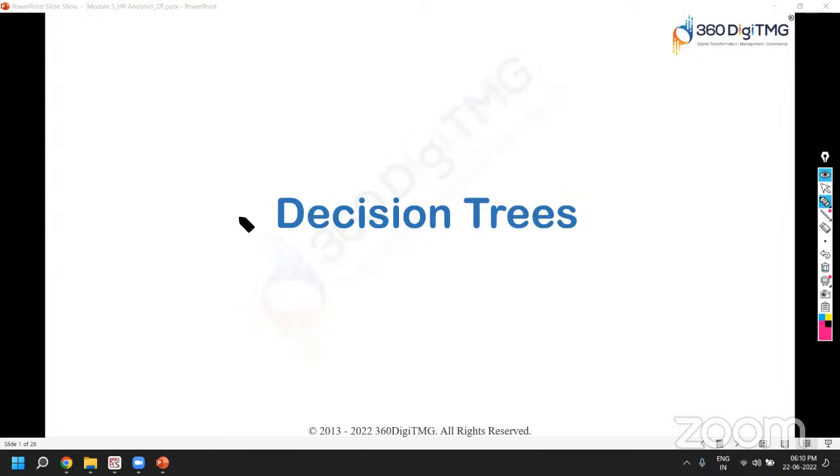On similar lines, we have decision trees, which we are going to discuss today. Decision trees are rule-based algorithms. That means we are going to generate a bunch of rules, and using these rules, decisions are made.